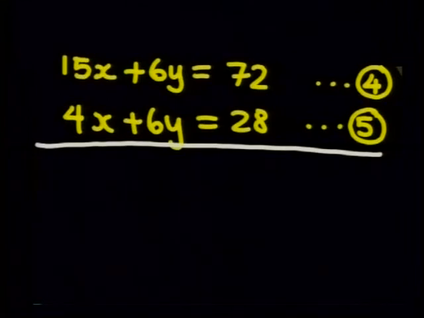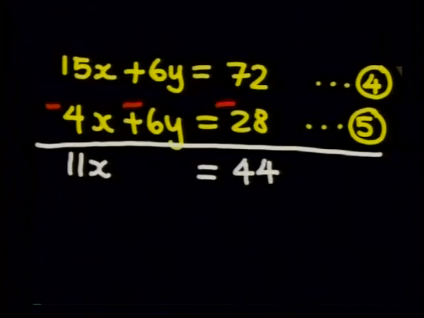Remember, we're subtracting, so we need to change the signs. 15x minus 4x is equal to 11x. 6y minus 6y gives me 0y, which is equal to 72 minus 28, which gives me 44. To get x, I need to divide by 11 on both sides. I get x is equal to 4.